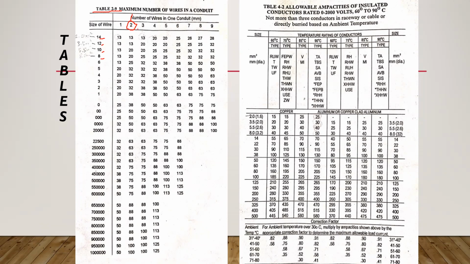So since yung ating wire is number 14, okay, number 14 or yung 2.0, yung ating conduit size is mag-fall sa 13 mm. 13 mm na size ng conduit or 1/2 inch diameter PVC pipe ng ating conduit.